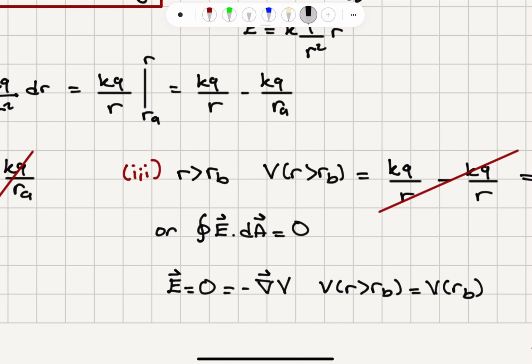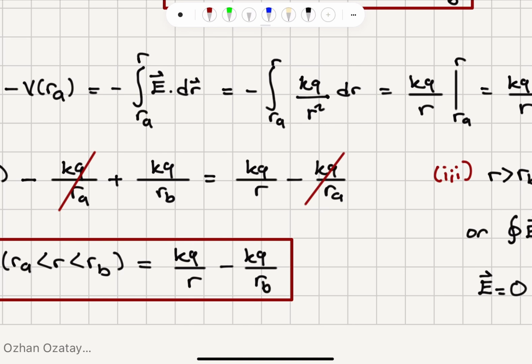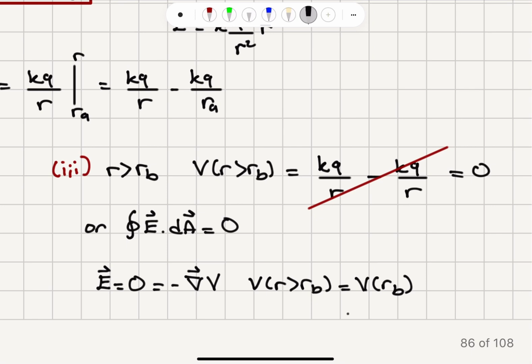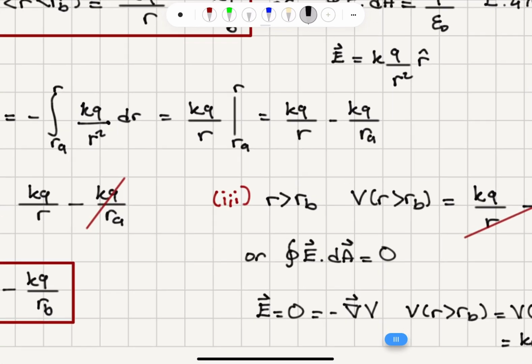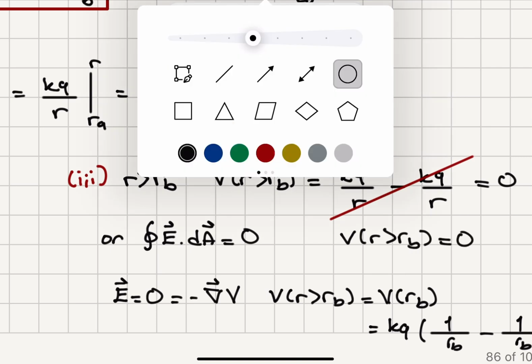It's a constant. So what is the potential at R equals RB? It is KQ over RB minus KQ over RB, which is 0. So this gives me KQ times 1 over RB minus 1 over R sub B, which is 0. So I get the same answer. So the answer to this question then is potential for R greater than R sub B is equal to 0.